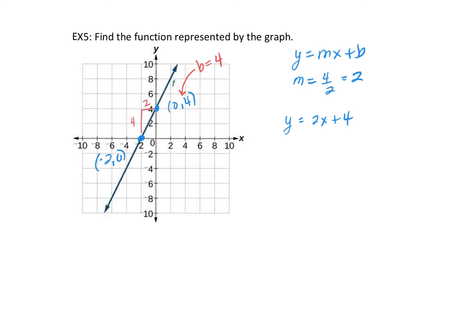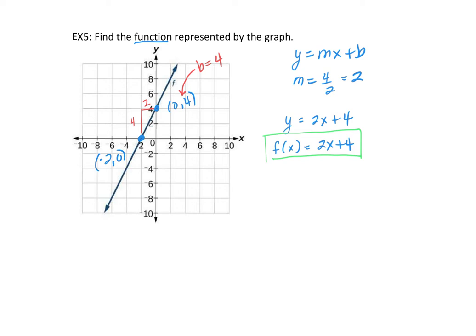I have my equation. So I'm pretty much done, but remember it said to find the function. So the very last thing I need to do is just replace y with function notation f of x. So f of x is equal to 2x plus 4 would be the function that is represented by that graph.